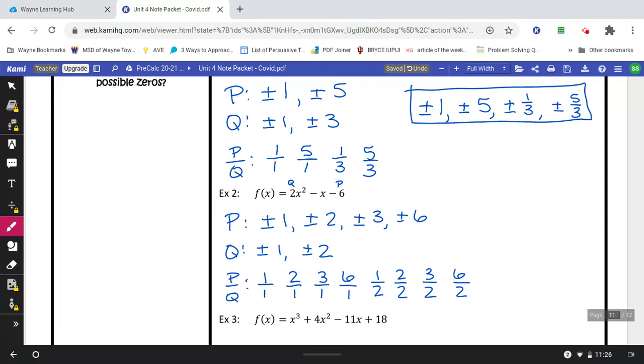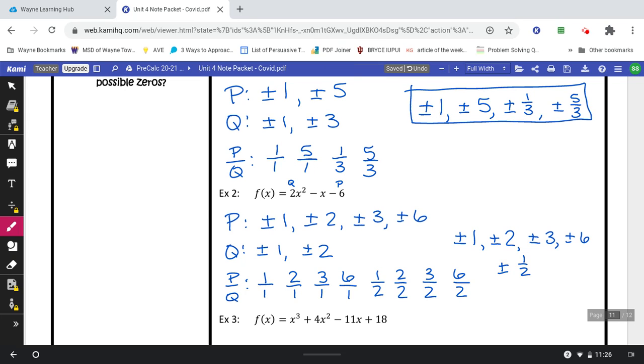Then divide out all the whole numbers. So my final answer would be plus and minus 1, plus and minus 2, plus and minus 3, plus and minus 6. 1 over 2, I would just leave as 1/2.